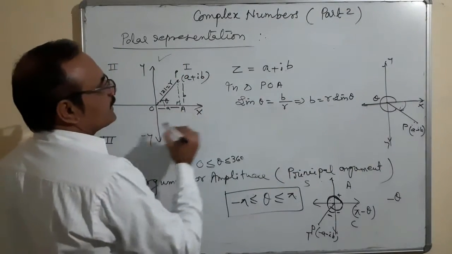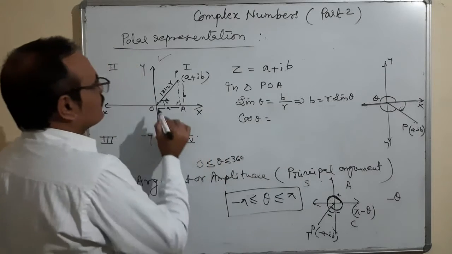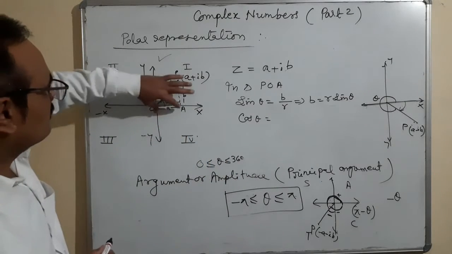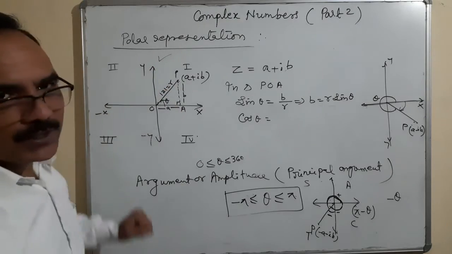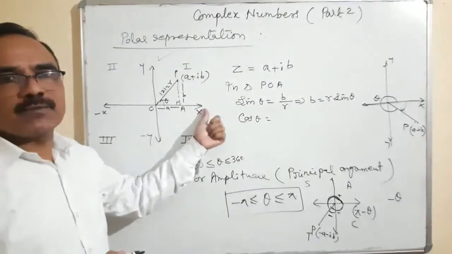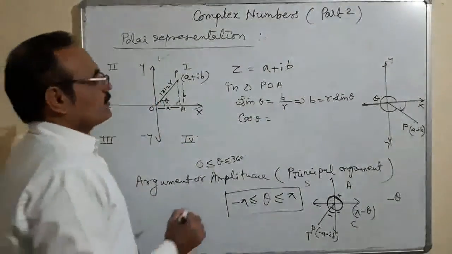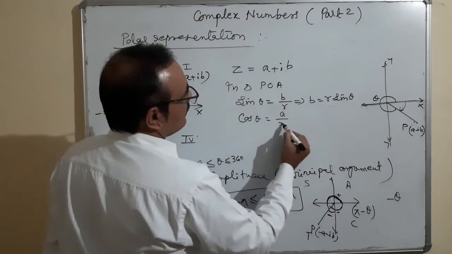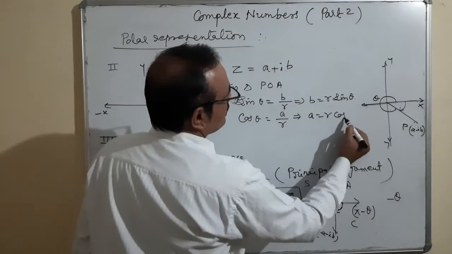Similarly, in the same triangle POA, if I use cos theta, what is cos theta? Base, that means adjacent side upon hypotenuse. The adjacent side is the real part, the real intercept A, upon R. Cos theta is equal to A upon R. So A is equal to R cos theta.